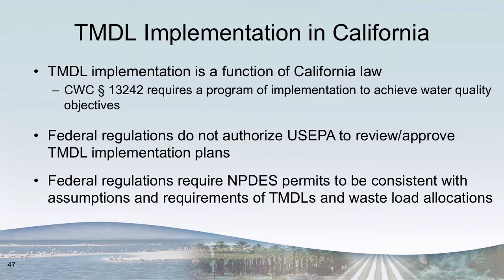So on the point source side, we're covered, but not really on the non-point source side. TMDL implementation, especially for non-point sources, is largely a function of California law, because of 13242, which requires that program of implementation.